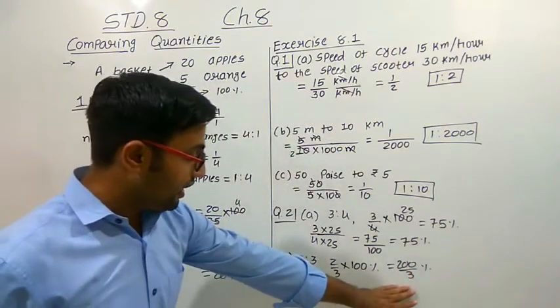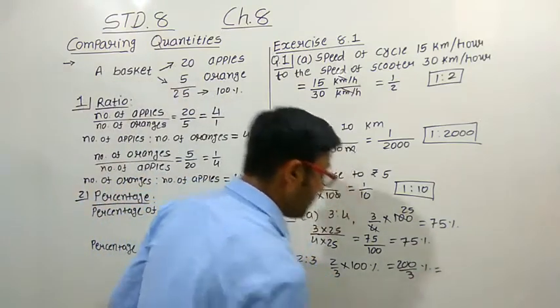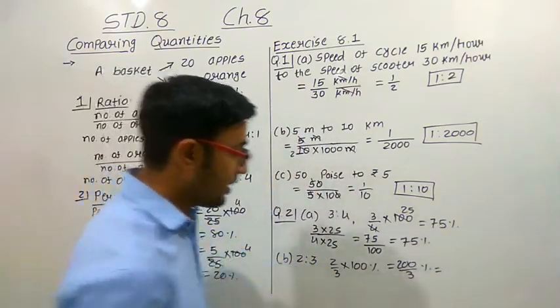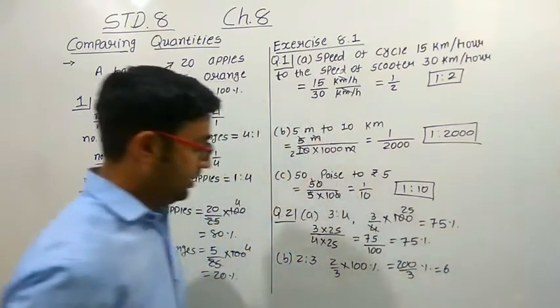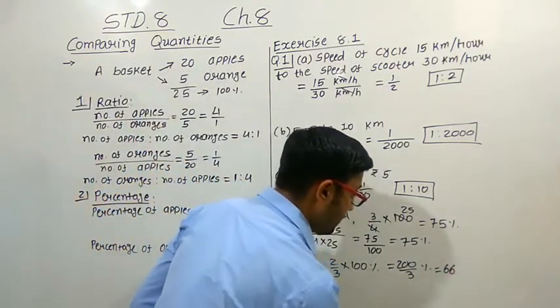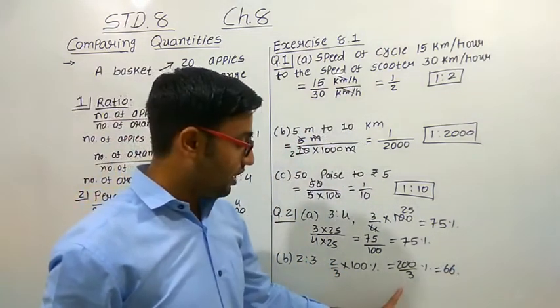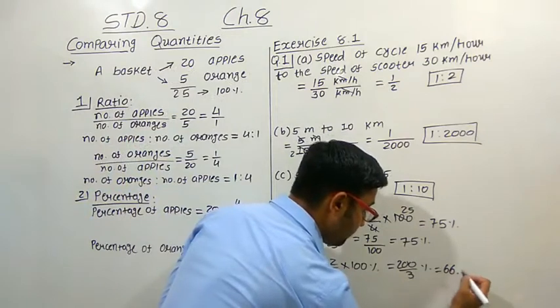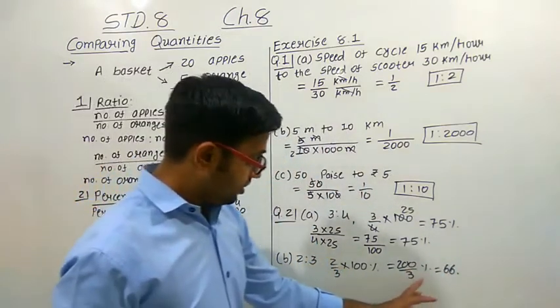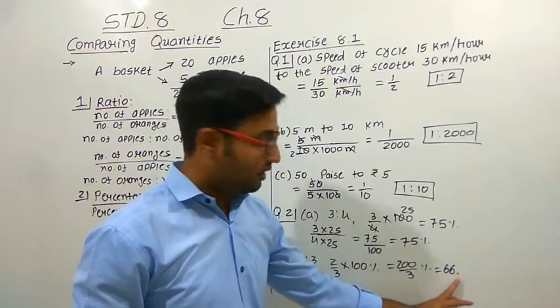Or when we divide 200 by 3, what will we get? See, 3 6s are 18. Okay, 2 is the remainder. Again 20 is there. 3 6s are 18. Now again 2 is the remainder, but now we have to put the decimal point. Okay, now again we have to take a 0 as we apply the decimal point here.